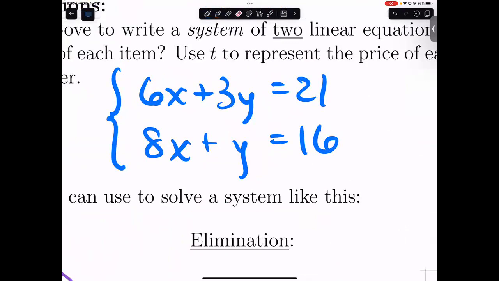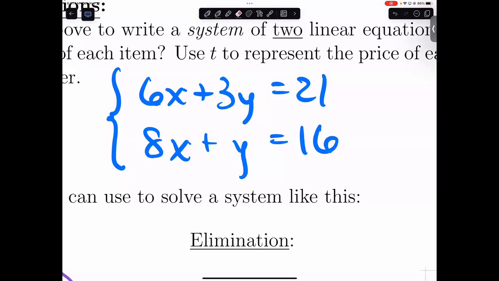Elimination for this one in particular might feel a little bit less natural. Hopefully what we just did feels fairly natural, not a big weird extension of stuff you already know. But the idea is that we eliminate one of the things. We know how to solve for one unknown, and we're trying to figure out how to solve for two.